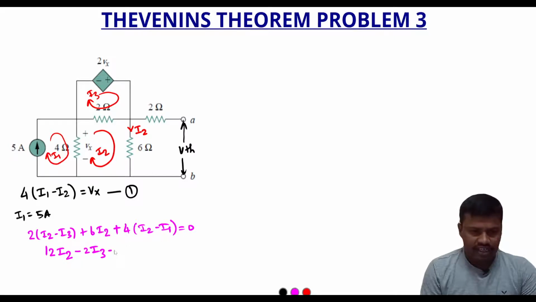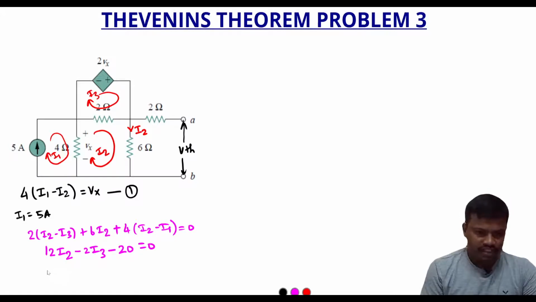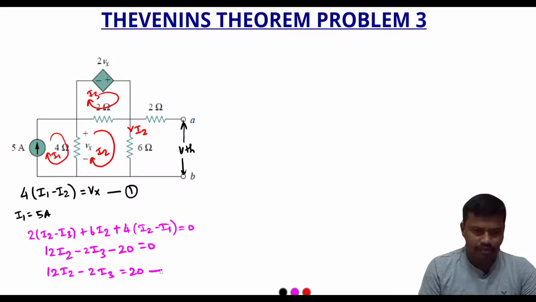Since I1 is equal to 5 amps, 4 into 5 will be 20, so negative 20 is equal to 0. On further simplifying, we can write 12I2 minus 2I3 is equal to 20. Let us say this is equation number 2.